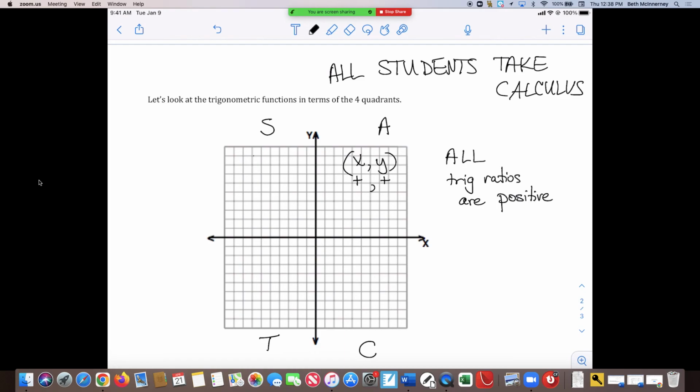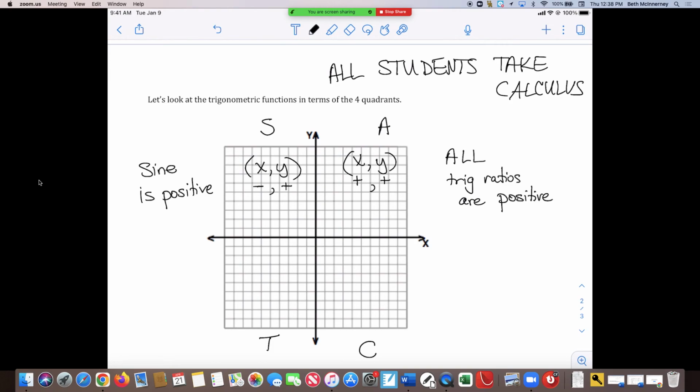In the second quadrant, my x values are negative because I go left and then I went up. So guess what? The sine is positive.